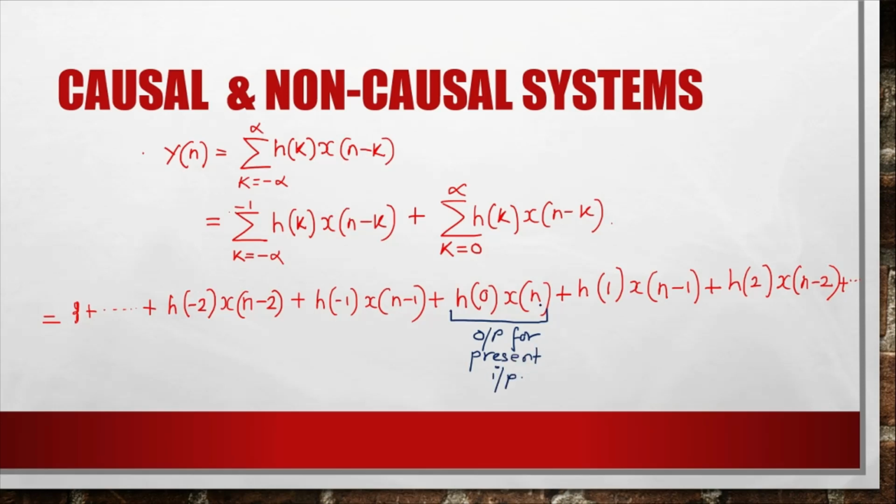If x of n is the present instant, naturally x of n minus 1 will be the previous instant.